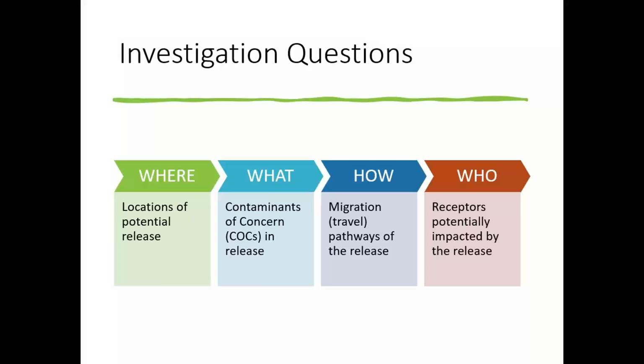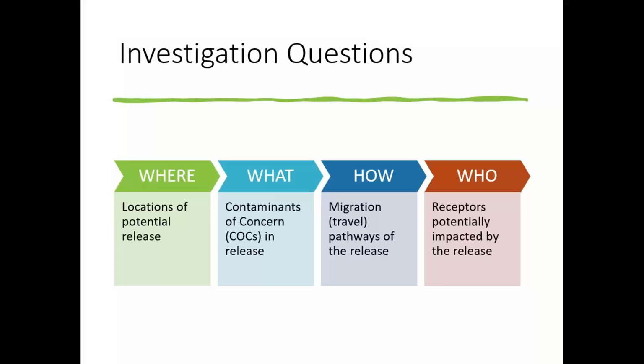You'll see a lot of acronyms in the environmental field. So for example, contaminants of concern or constituents of concern, COCs, means what type of contaminants we have there. So we want to know exactly what are the substances that we have. Are they hazardous substances or petroleum that we might have? We want to identify what it is that we have.